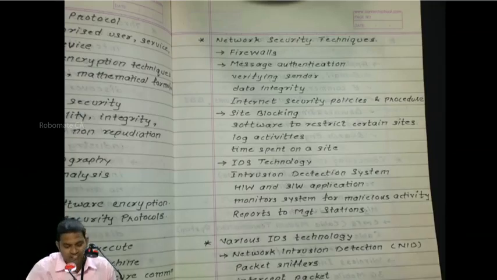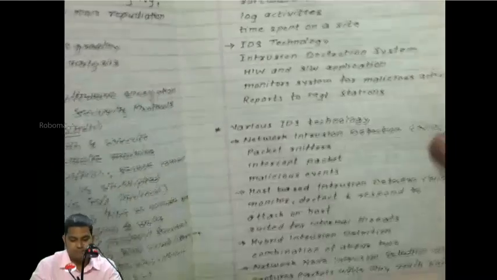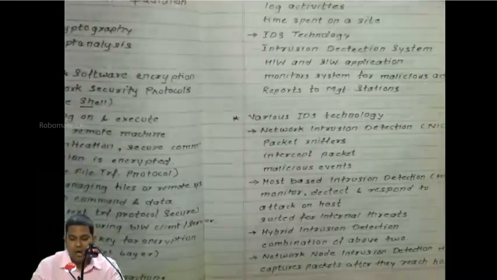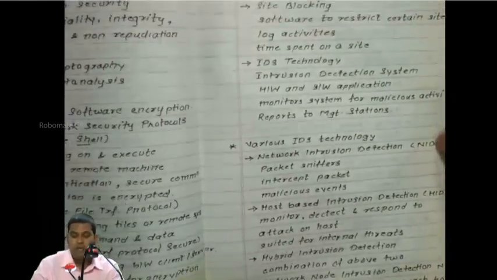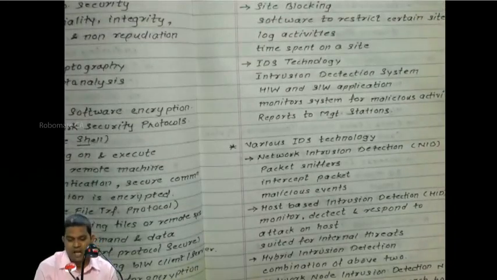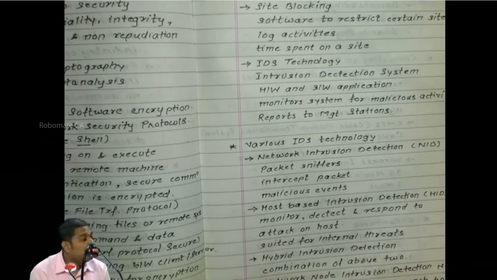On the same lines, we have this particular host-based intrusion detection system, that is HID. What it will be doing is, it will be monitoring the packets. It will be detecting all the packets. But it will respond only after that particular packet has attacked the host.